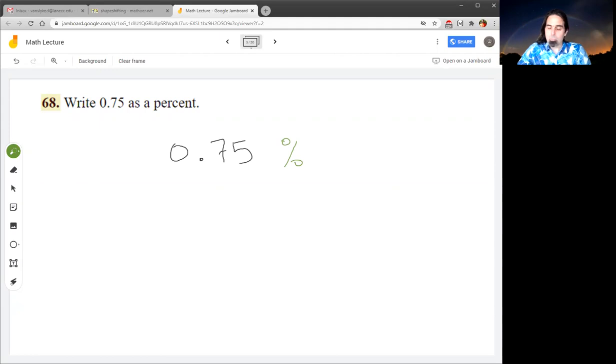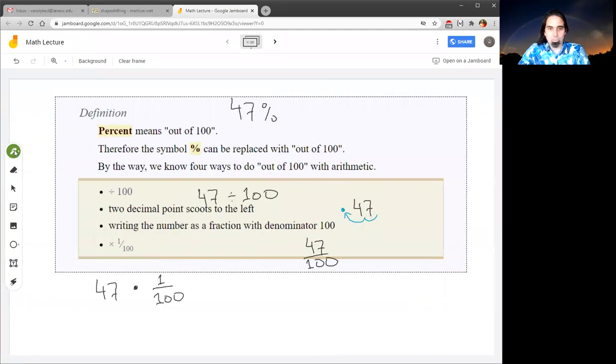So if I just put a percent sign on the end, I also have to undo that. I have to go forward a few steps and backwards a few steps, so I get back to where I started. If I change it, I have to unchange it. So if I'm putting that percent sign on, I want to do the opposite of one of these four things.